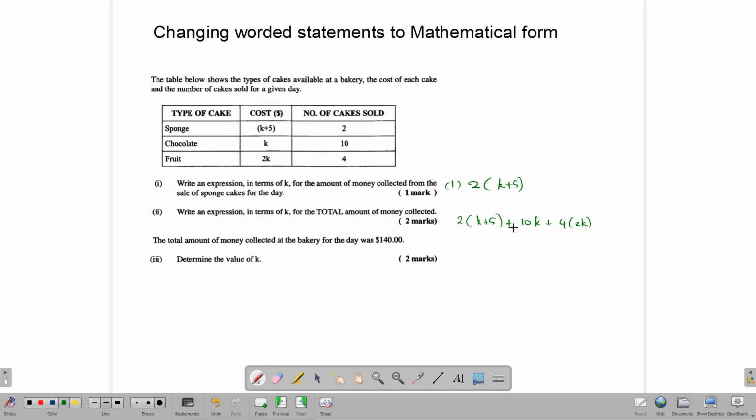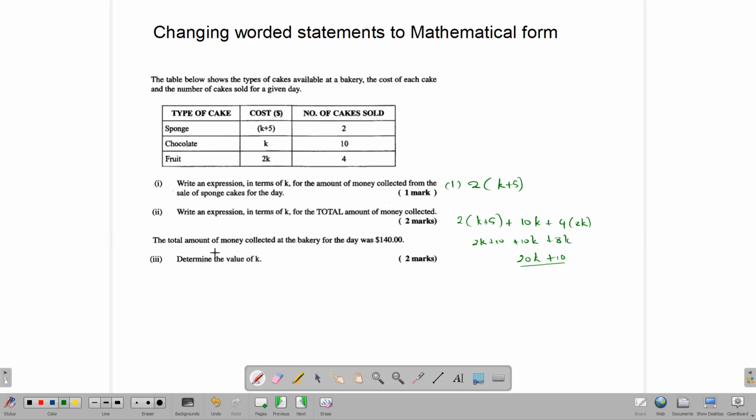Again, you could leave it like that, or you may want to simplify. So let's simplify. 2k plus 10 plus 10k plus 8k. That's 8k plus 2k, that's 10k, plus another 10k, that's 20k. So we have 20k plus 10.